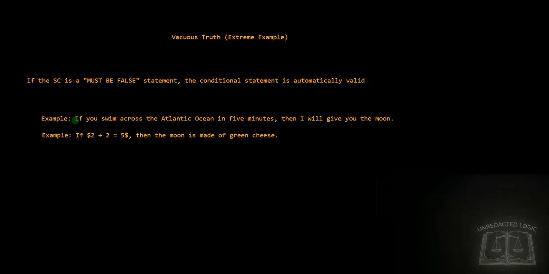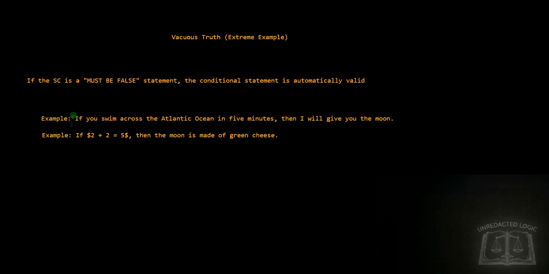Okay. Let's look at a couple of more extreme examples using this concept of vacuous truth. And I really believe that if test takers understand this concept, they will stop being confused about what happens when sufficient conditions fail. So if the sufficient condition is a must be false statement, the conditional statement is automatically valid.